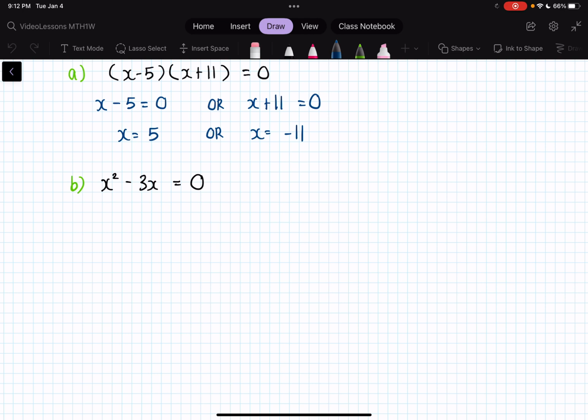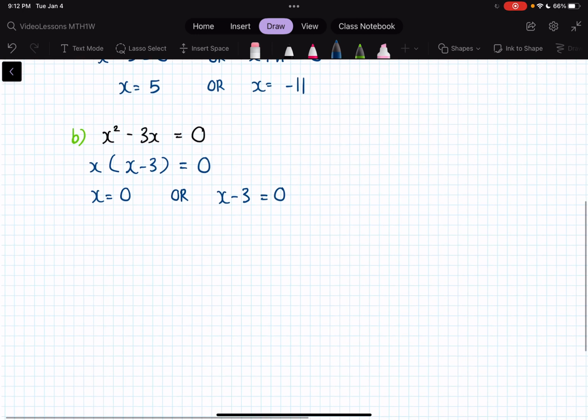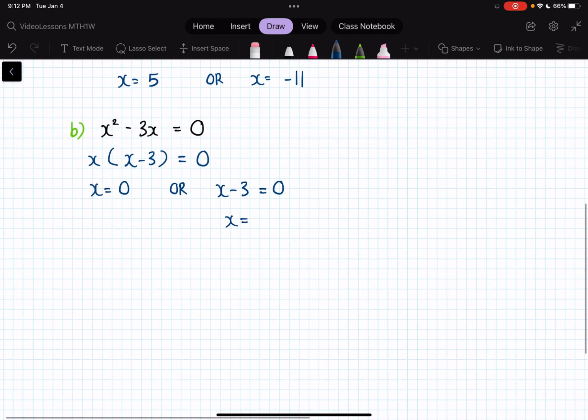My common factor is x. And now I have two things that are multiplying to give me 0. So I'm going to have x equals 0, or, and then you can write this step, but if you don't need it, then don't write it. If you can go straight to where we say x equals 3, that's fine.